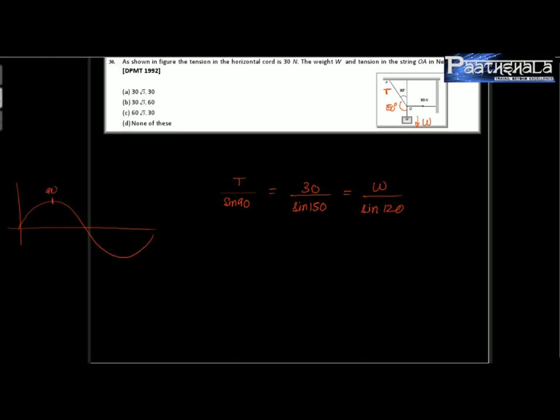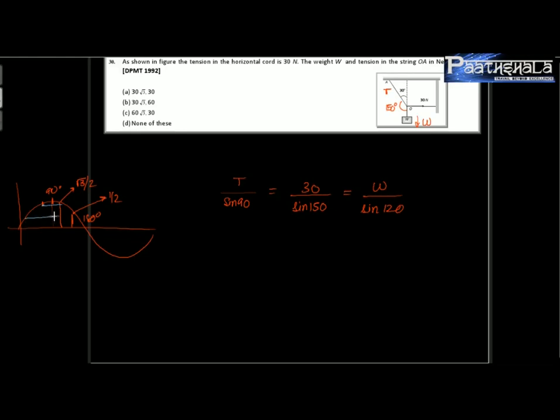This is 90 degree right over here. So 150, which is closer to 180, is going to have a sine value of half, and 120, which is closer to 90, is going to have a sine value of root 3 by 2, because 120 mimics 60 degree. 60 and 120 degree are both equally away from 90 degree.